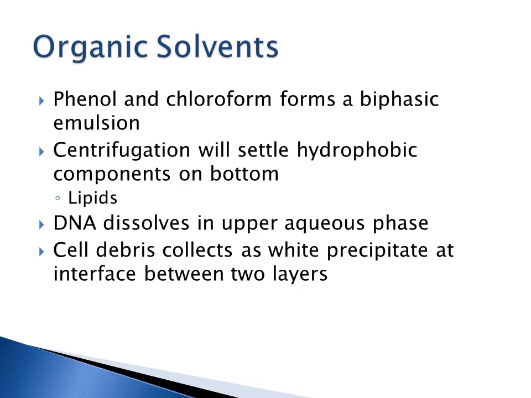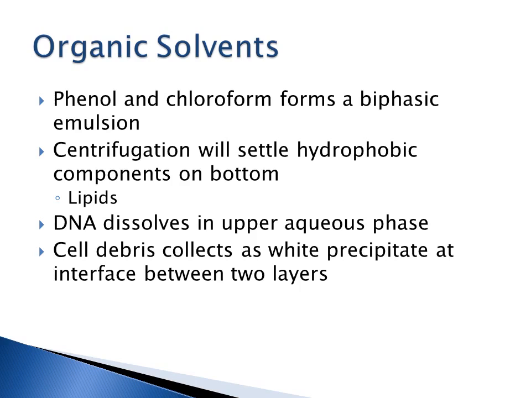So what do these organic solvents such as phenol and chloroform do? Phenol and chloroform form a biphasic emulsion. You're going to mix your white blood cells or your lysed bacteria with phenol and chloroform. You're then going to centrifuge. Centrifuging puts the hydrophobic components like lipids on the bottom. Your DNA is going to dissolve in the hydrophilic portion, which is the upper aqueous phase on top.